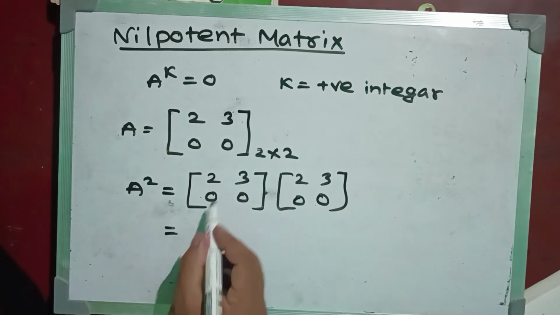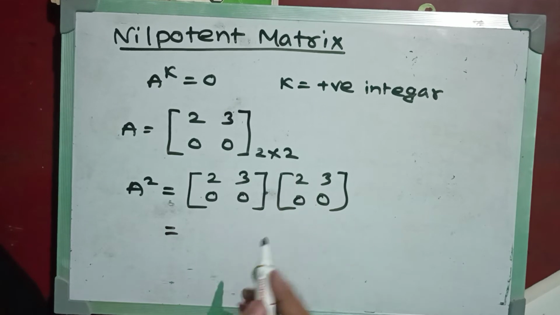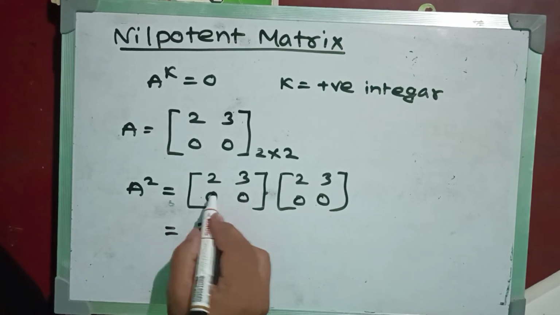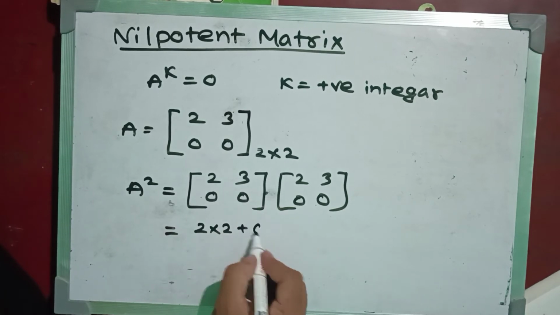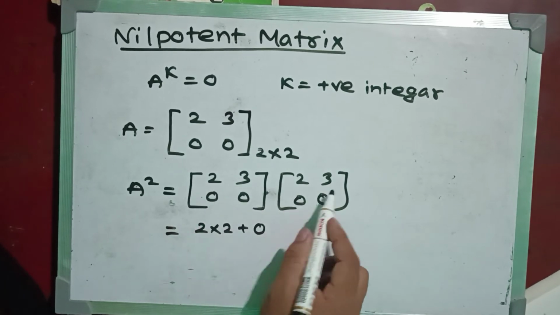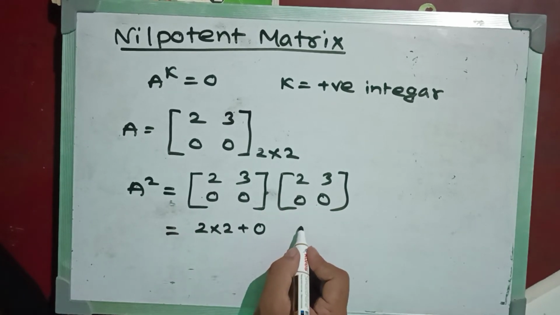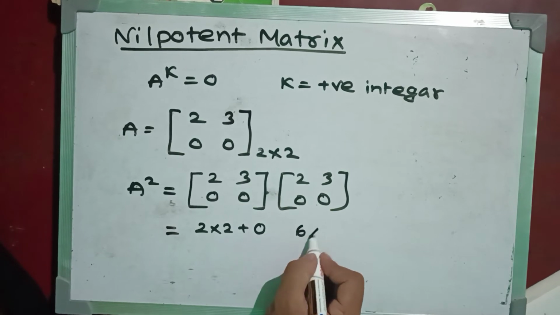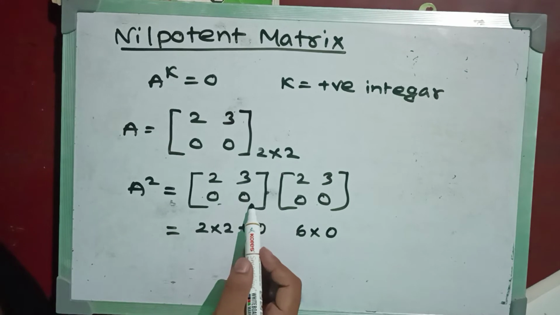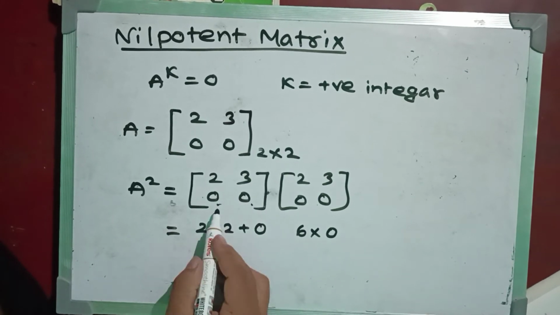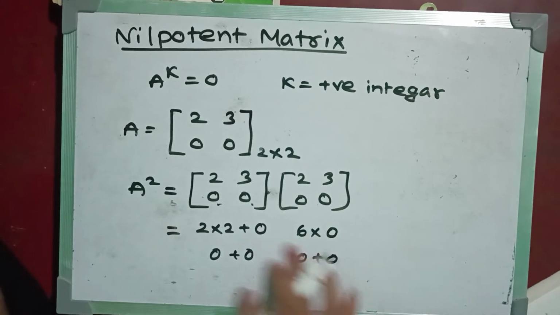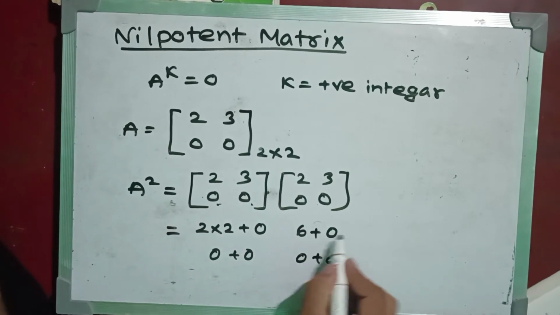The first row is multiplied by the first column, so it's 2 cross 2 plus 3 cross 0, meaning 4. Now first row second column, so it's 2 cross 3, that means 6, plus 3 into 0. Now this second row is totally 0, so it will be 0 plus 0, and 0 plus 0.